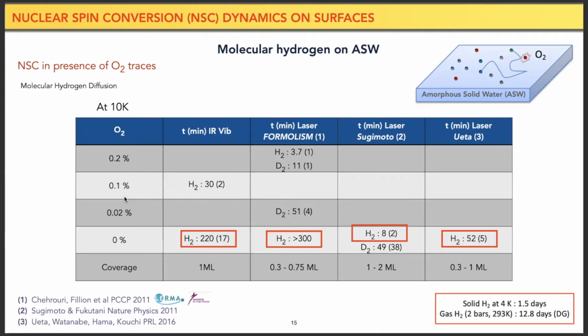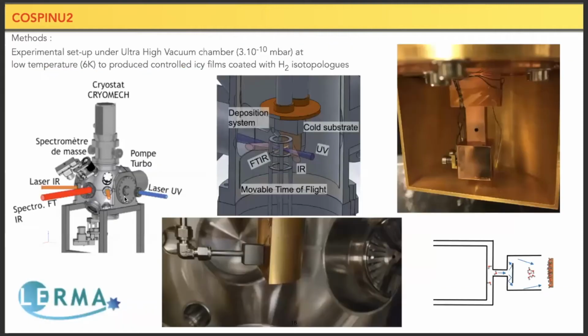That's why we built a new experiment to repeat the measurement of the nuclear spin conversion of H2 on ices. This is the new experimental setup. It's an ultra-high vacuum chamber that can reach a pressure of 3×10^-10 millibar.